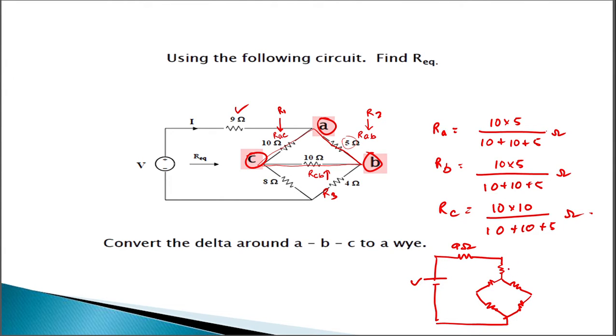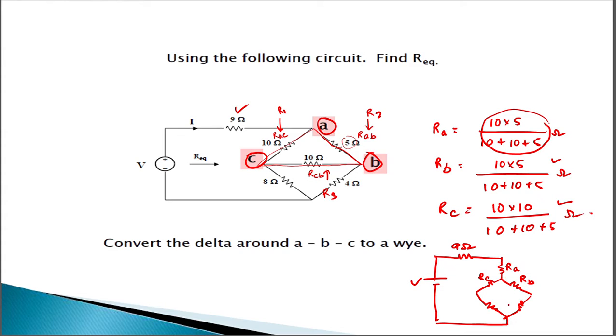Now this is RA, so RA will be having this value. This is RB, so RB will be having this value. And this is RC, which will be having this value, right?